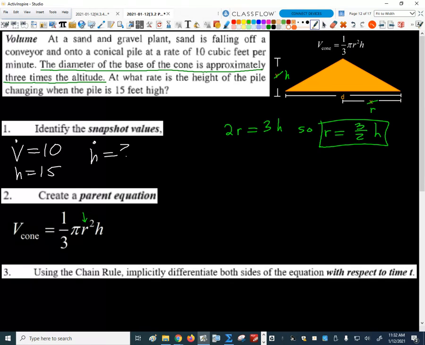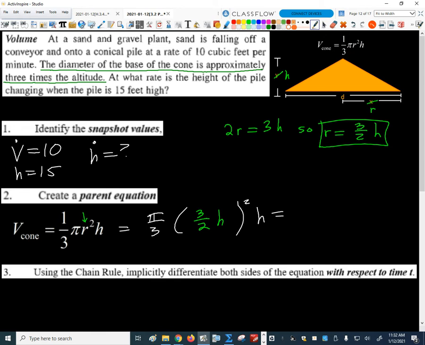And look what happens to our volume then. Our volume equals pi over 3 times the quantity, for r we get 3/2 h, squared, times h, which ends up being what?